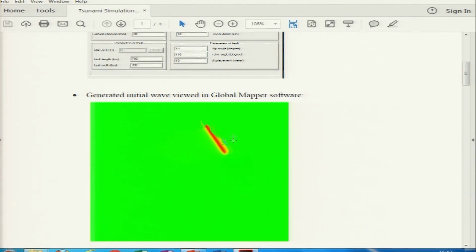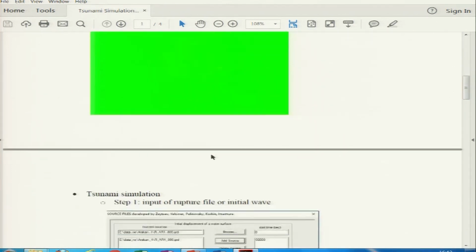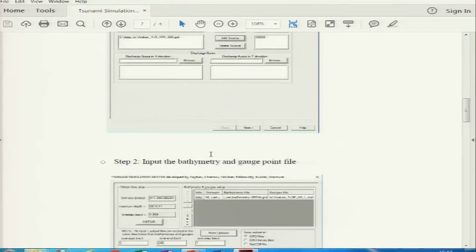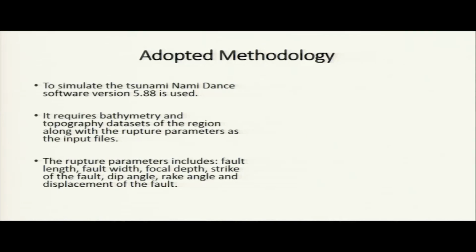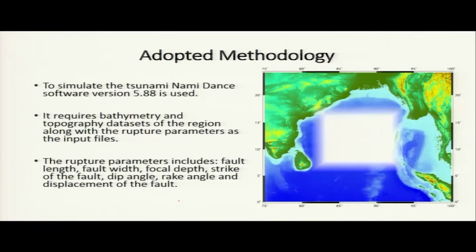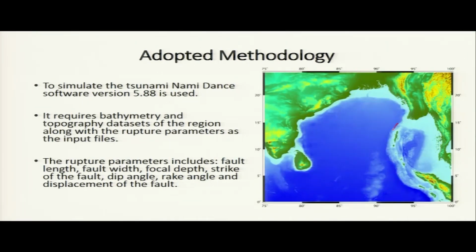As you can see, this is our first wave which was generated during the tsunami, and then we generate a series of files after giving the fault parameters, which are the fault length, fault width, focal depth, the strike of the fault, dip angle, rake angle, and displacement of the fault, which is about 10 meters in this area, that is Andaman Sumatra, which was the epicenter of that earthquake, and this is the rupture created by this earthquake which was around 1300 kilometers.